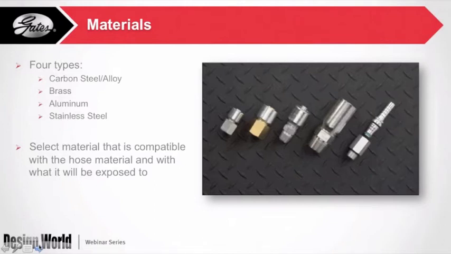What you don't want to forget about is the O-ring has to be compatible as well. So if I've changed out a coupling that's a carbon steel and I've gone to a stainless steel because I'm running, say, a chemical through a hose, I want to make sure that I've got an O-ring that will handle that chemical as well. So select the material that's going to be the most compatible with the hose material, and keep in mind what it has to do.